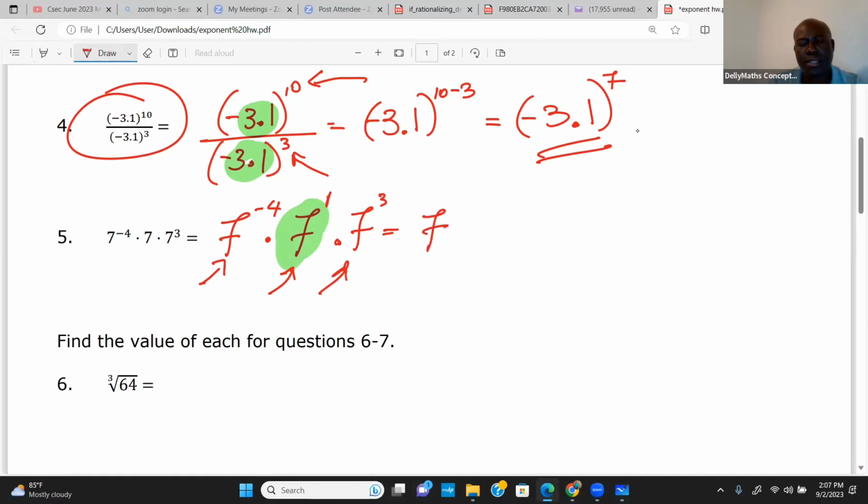So we're going to keep the base, and we're going to add the exponents. This will leave us with 7 raised to the 0. Right, so 7 to the 0 is an equivalent expression for all of this.